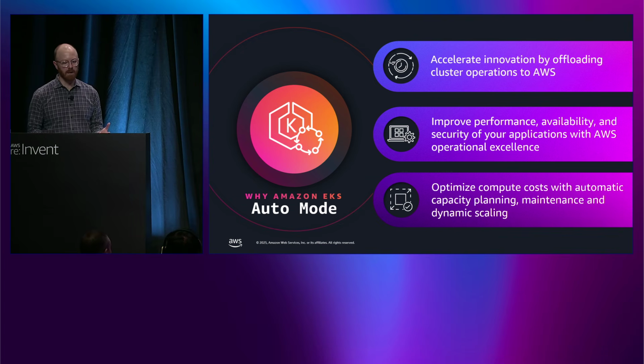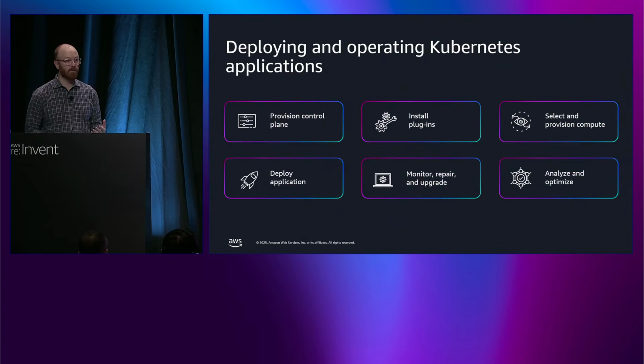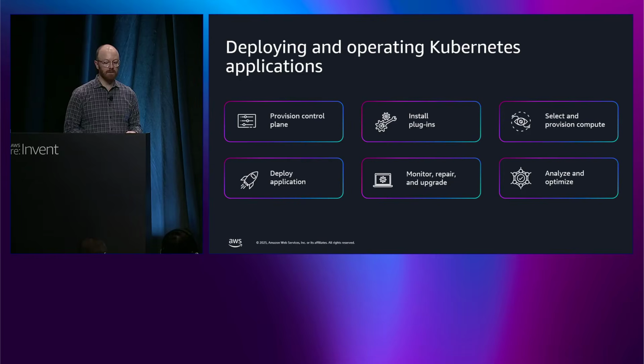So, I've talked a lot about the work that it takes to manage all of these Kubernetes clusters and the infrastructure behind them. Let's take a look at what that actually looked like, practically speaking, before EKS Auto Mode. Customers had to provision a cluster, install all the essential Kubernetes plugins required to run production-grade applications, select, configure, and launch the best compute for those applications, and finally, with those pieces in place, they could deploy the applications into their cluster. But this was just the beginning of actually running these applications.